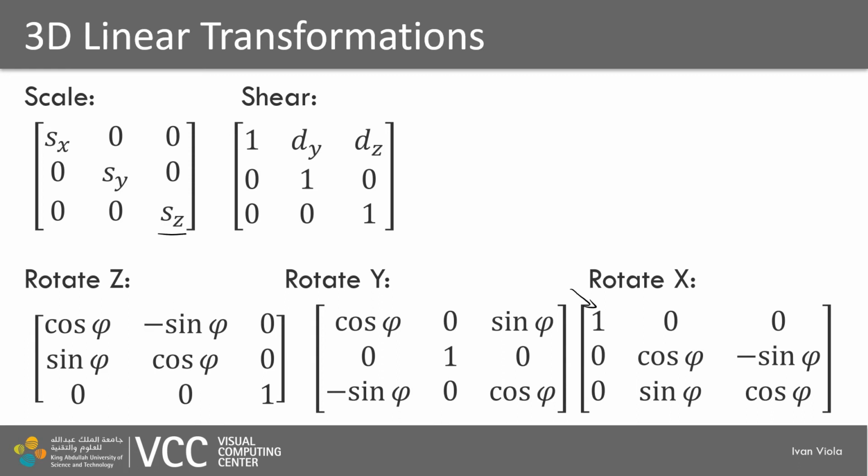So the y and z values do not affect the x value, and the x value remains the same after the transformation, and the y and z values will change according to the cosine or sine values in the second and third columns of this matrix, because they correspond to the y and z axes.